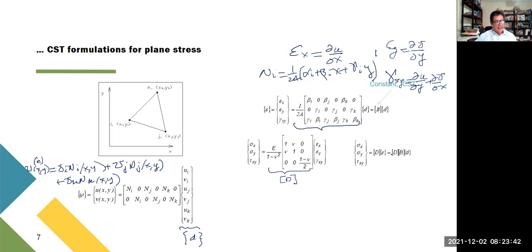So this D matrix is 3 by 3. This B, you can see here, is 3 by 6. You see you have 6 columns, and the D is a vector, and this vector is 6 by 1.